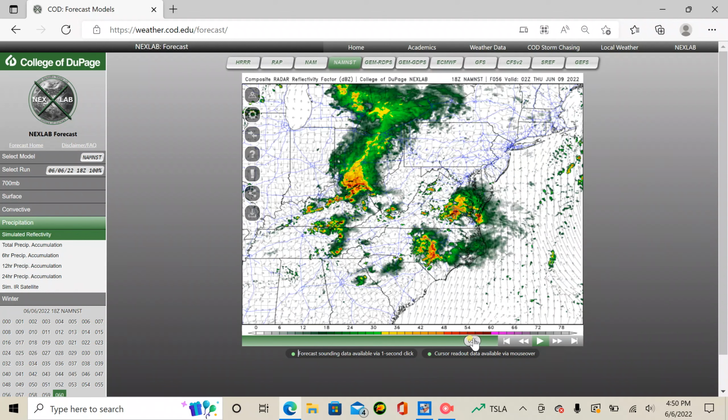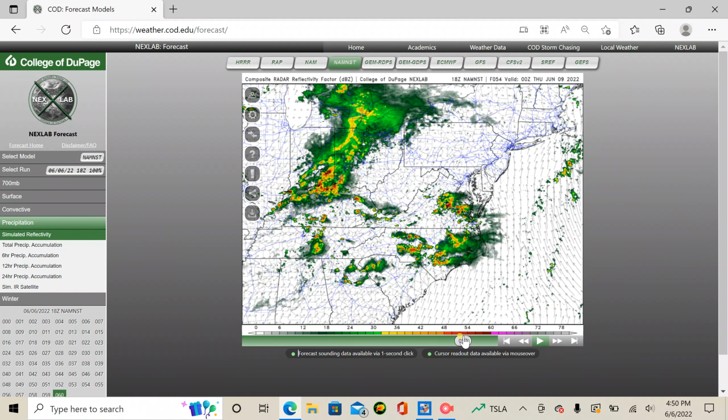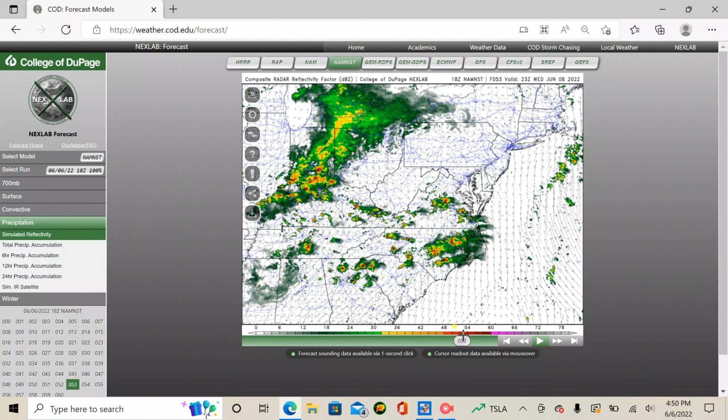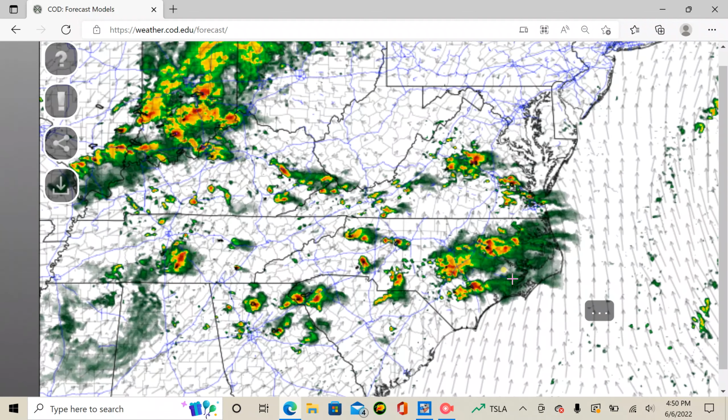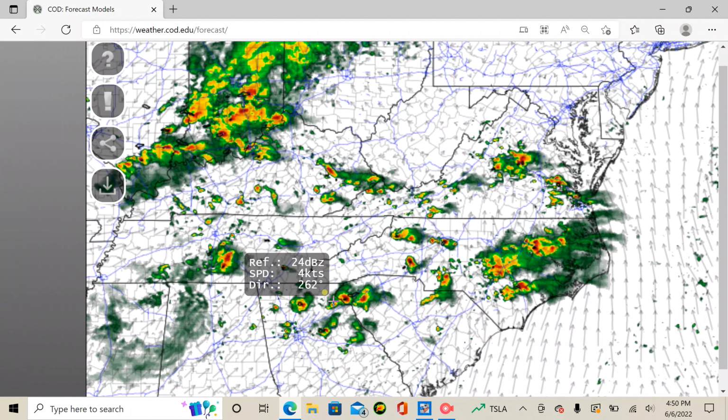Another way is by going to the simulated reflectivity, and you pull up the time you want to go to, and you look at, okay, there's a good one. Because of how high resolution it is, this can also help you see what types of storms are going to occur.